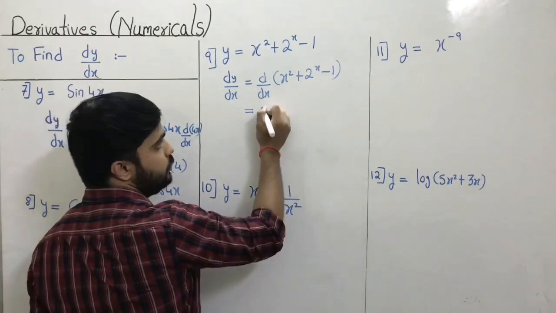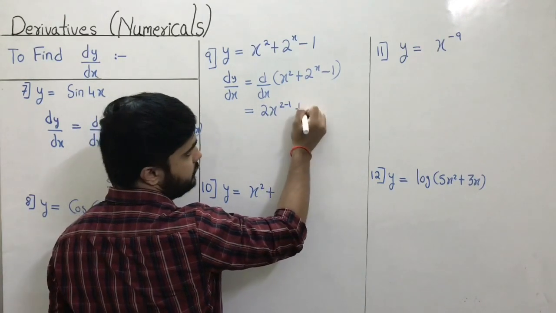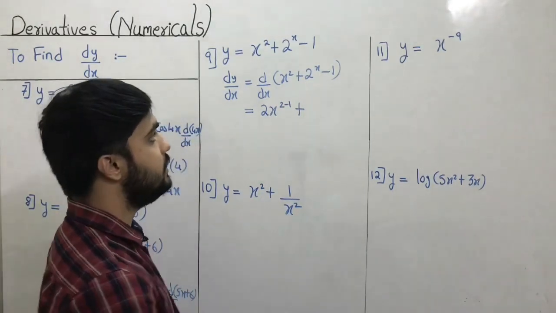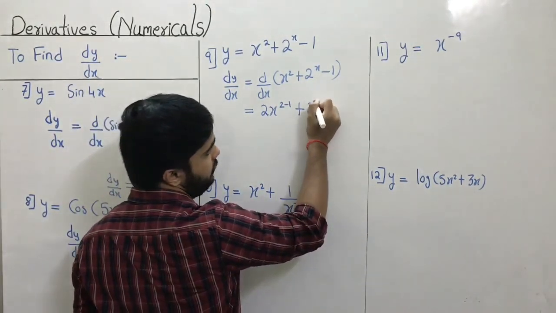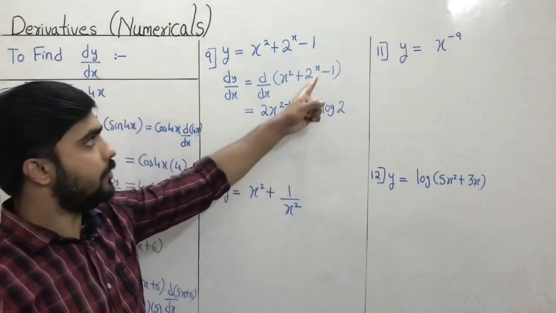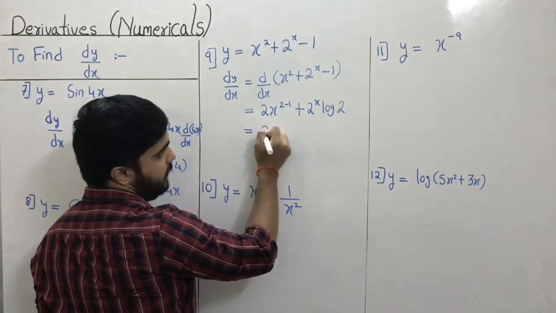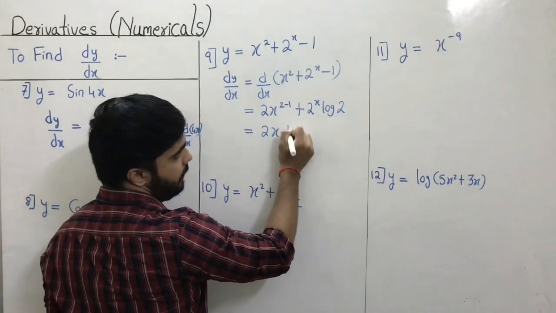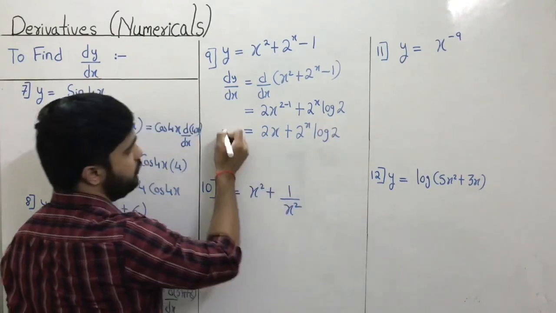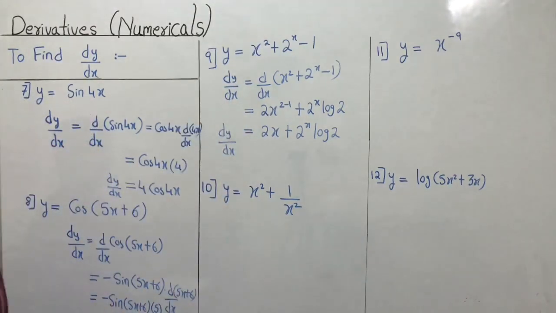So here n is 2, so 2x raised to 2 minus 1, plus derivative of a raised to x. Derivative of a raised to x is a raised to x log of a, that is 2 raised to x log of 2, and the derivative of a constant is 0. So we can write 2x plus 2 raised to x log of 2. So this is the derivative of this function.